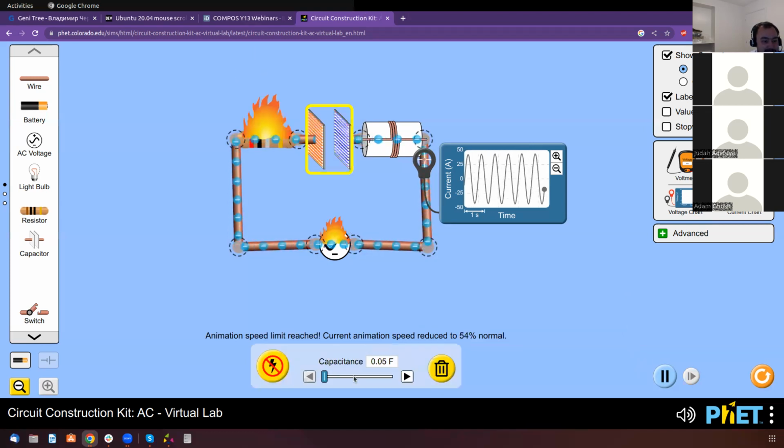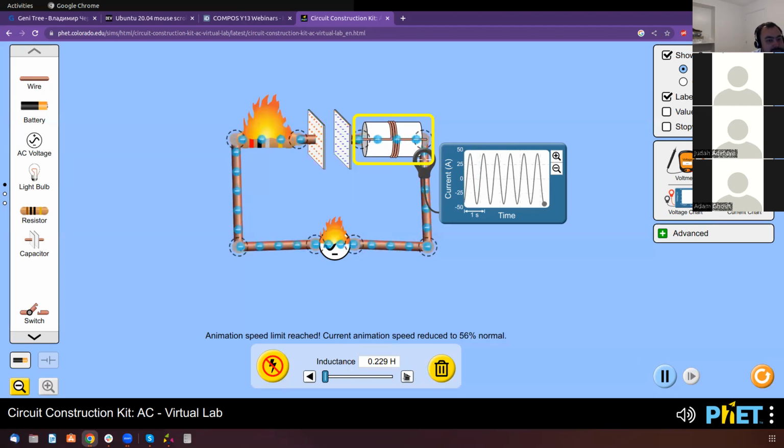So let's see if we can change the inductance. 2.29, no effect. 2.25, it's actually decreasing a little bit. 2.28, so that's the closest one. So yes, you can have a resonance.